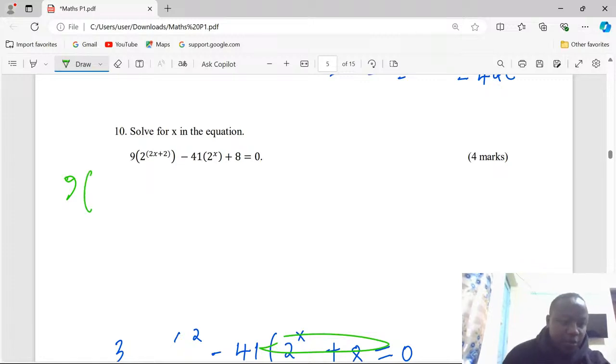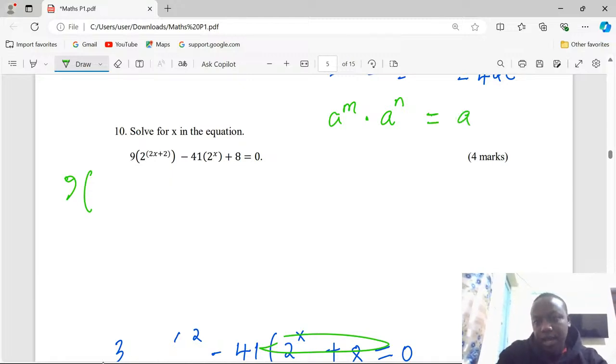Then at this point, we apply a law of indices. Instead of writing 2 to the power 2x plus 2, remember there is a law which says that a to the power m multiplied by a to the power n equals a to the power m plus n.